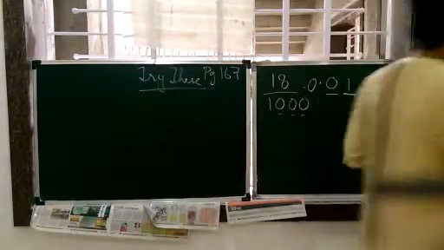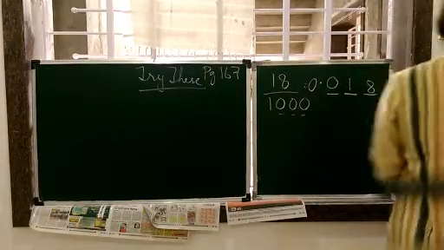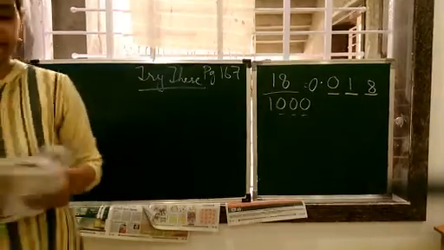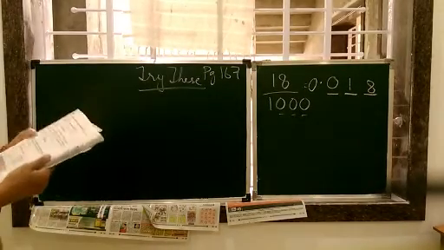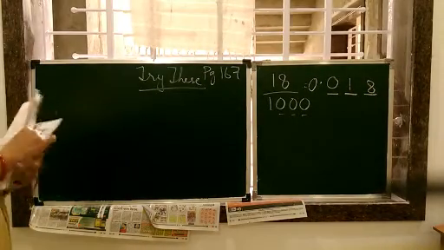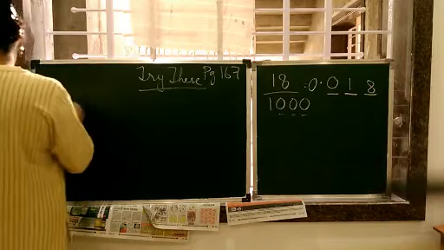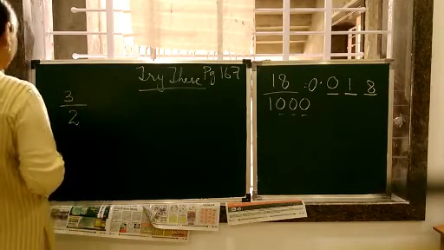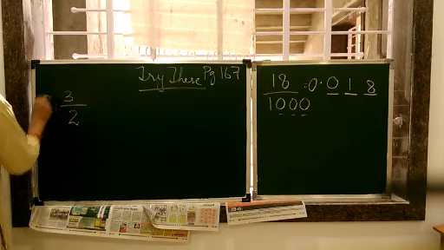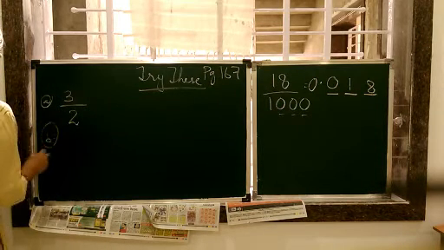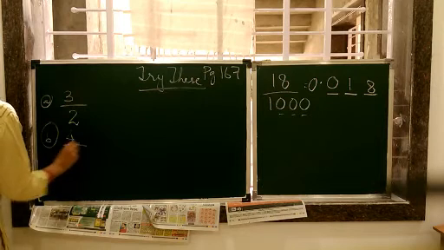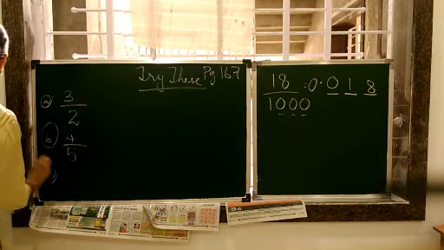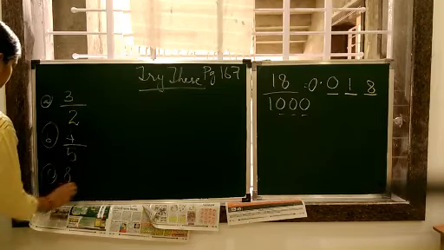You can do it in your book itself. Write 3 by 2, 4 by 5, 8 by 5 in decimal notation. Decimal notation means convert it into a decimal. So 3 by 2. Same type of question that we have discussed, where the denominator is not a 10, not a 100, not a 1000.